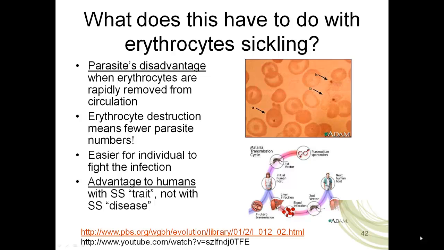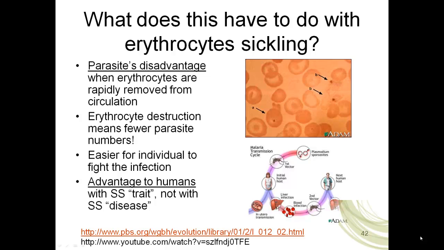And again, a person with sickle cell trait is going to be making some of their hemoglobin with the sickled form of the beta globin chain. As the parasite starts using some of the oxygen, the red blood cell starts to have hypoxic conditions, and it will start to sickle.